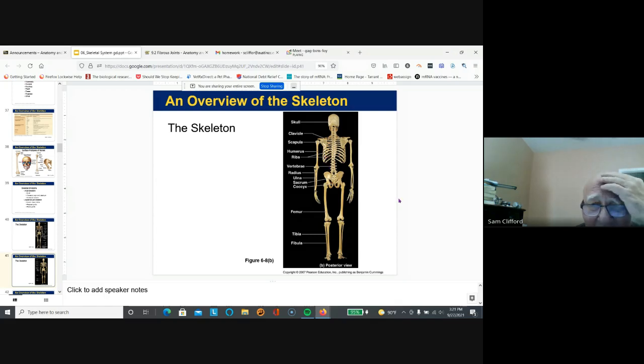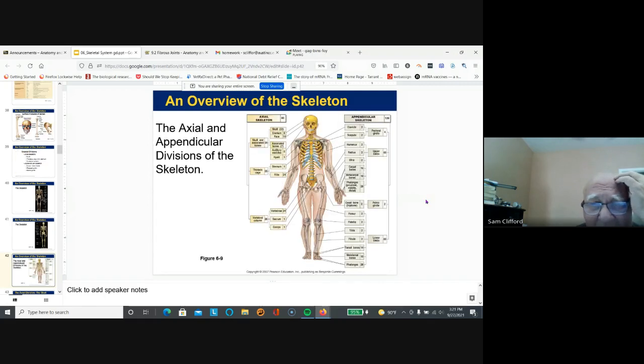So your job is to learn these names, and you'll be able to identify certain bone markings in WebAssign. Know all of these bones. There'll probably be questions on most of these. Axial skeleton is the skull, spine, and rib cage. The appendicular skeleton is the arms and legs and pelvis.